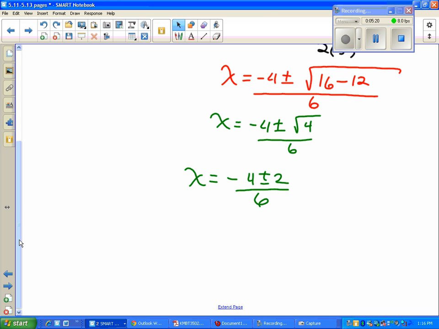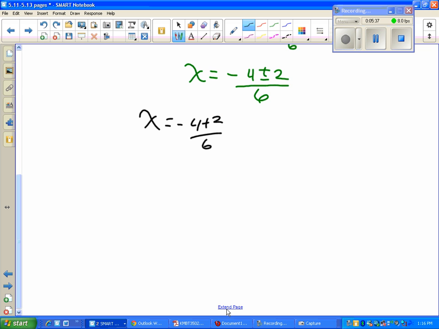What do I have to do now? I can't leave it like that. I need two answers. This can give me two answers. My first answer is x equals negative 4 plus 2 divided by 6. And the second answer is x equals negative 4 minus 2 divided by 6. What's negative 4 plus 2? Negative 2.